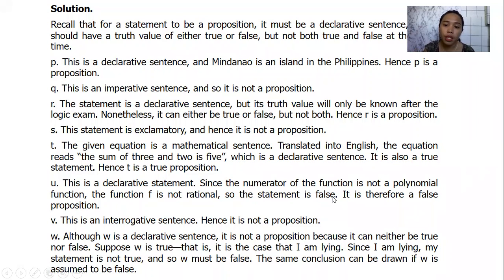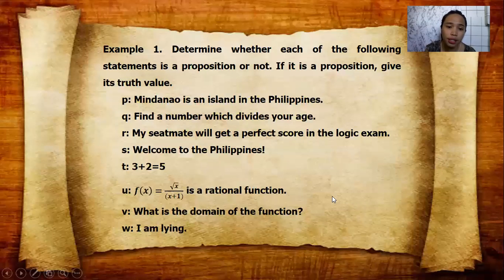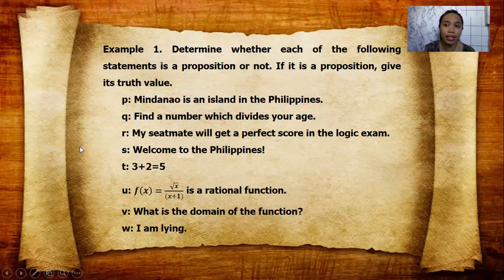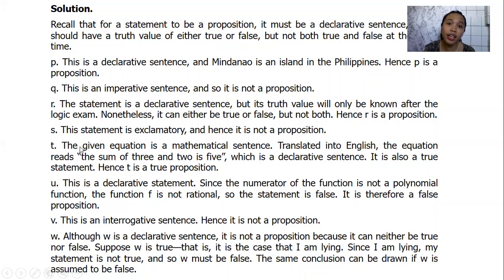But the numerator of the function, as you can see, is in the form square root of x. So your x is under the radical sign. So it is not a polynomial function. So the function f is not a rational function. So the statement is false. So it is a proposition and it is false. Therefore, it is a false proposition.